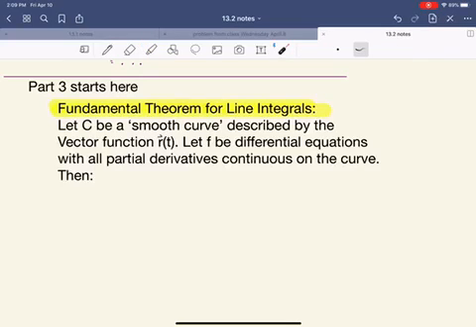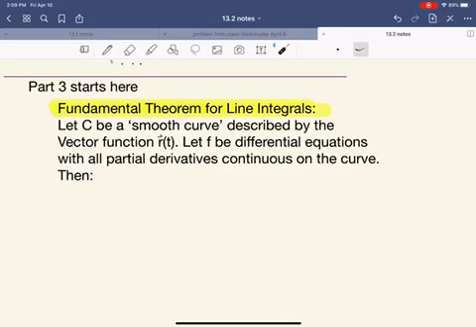And what it states is if we have a smooth curve, described by a vector function r of t, then let f be... not differential equations. I gotta fix that. Sorry about that. I don't know why I wrote that.